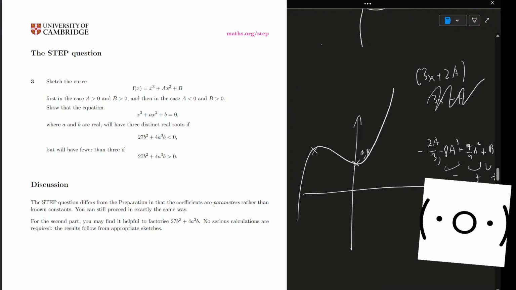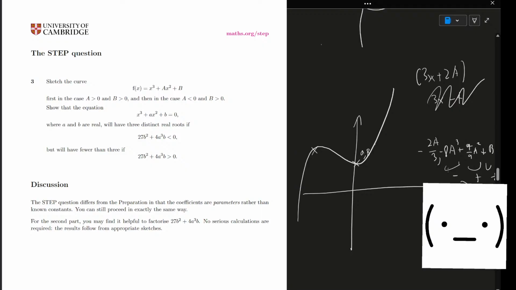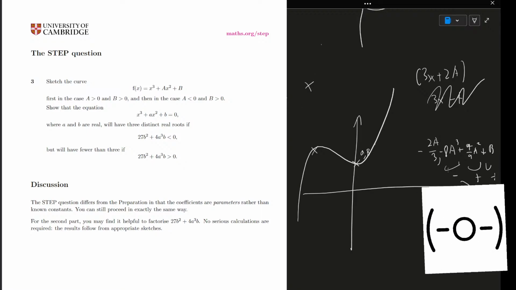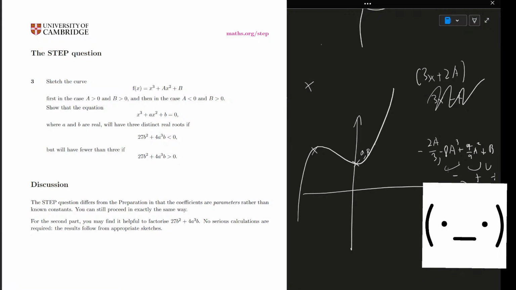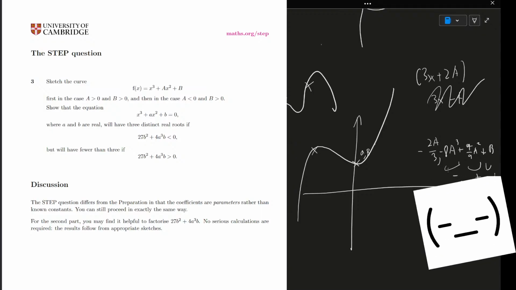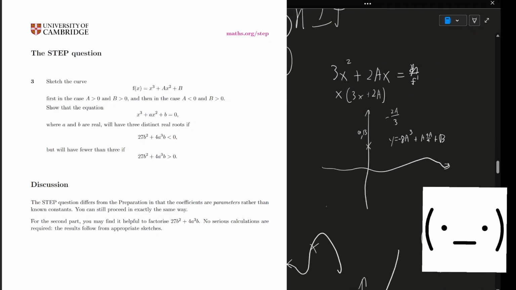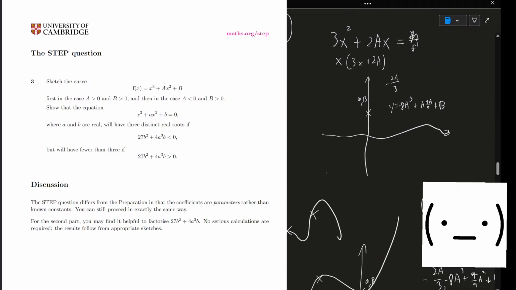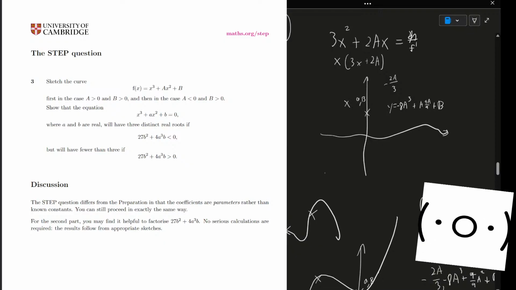My computer reflects my mental state. Not good. This is impossible to have two turning points that were situated like this. By necessity, it has to go like this. Okay. Guess I'll write the same thing.